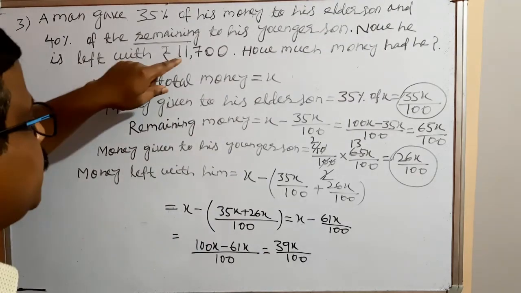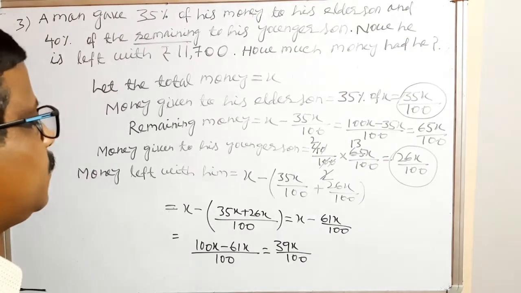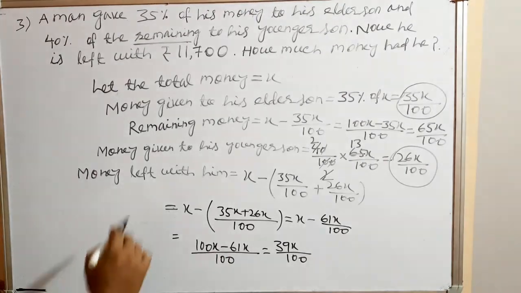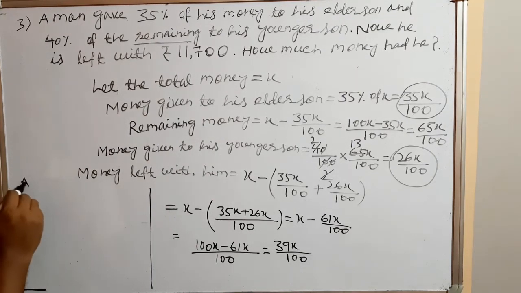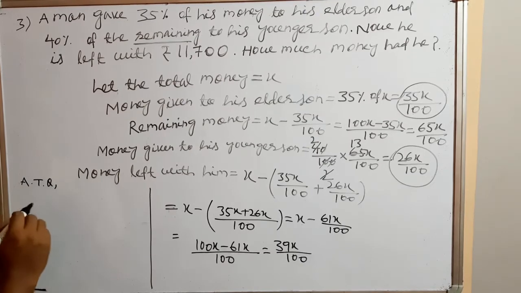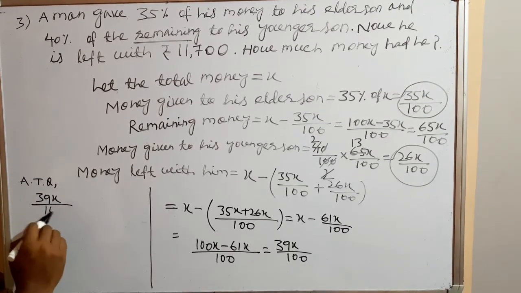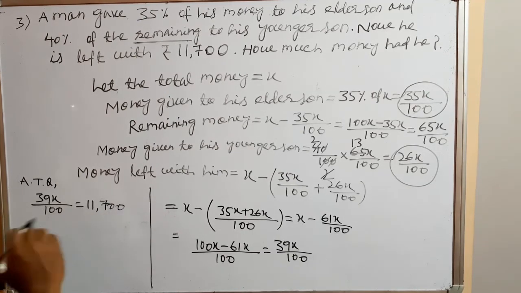But in the question, how much money is left? 11,700. So according to the question, here 39x by 100 is equal to 11,700 rupees.